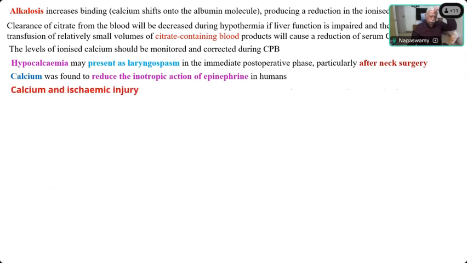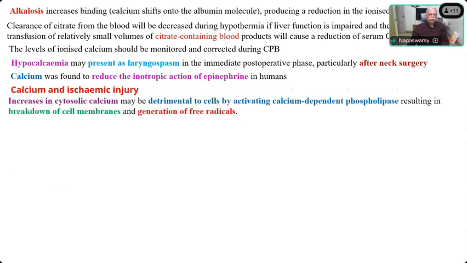And coming to this particular special situation, calcium and ischemic injury: an increase in cytosolic calcium may be detrimental to the cell by activating calcium-dependent phospholipase, which results in breakdown of the cell membrane and produces free radicals. This is how ischemic reperfusion injury generally happens.